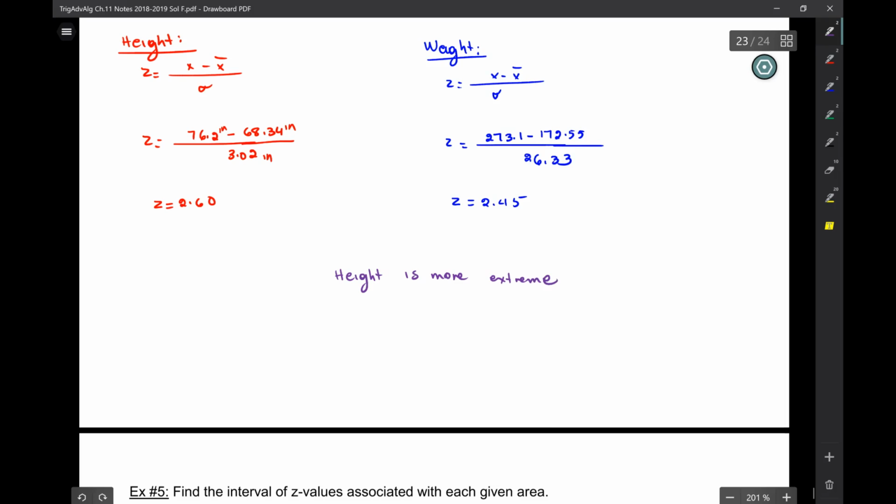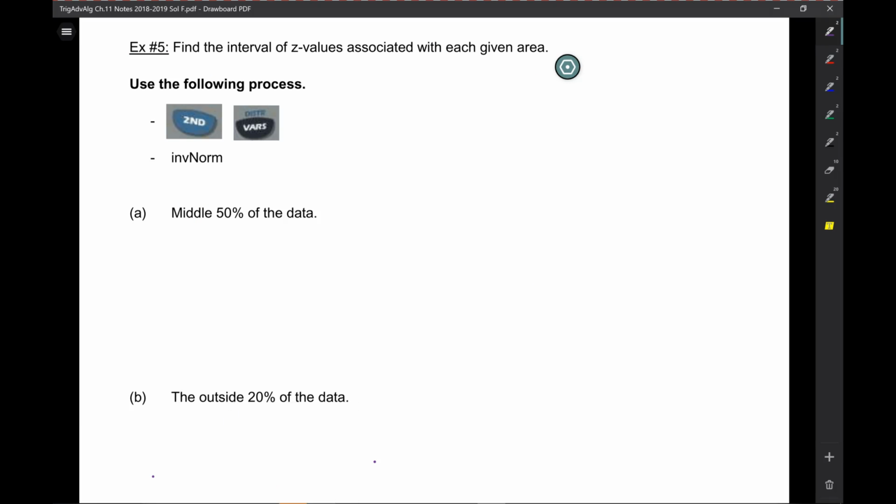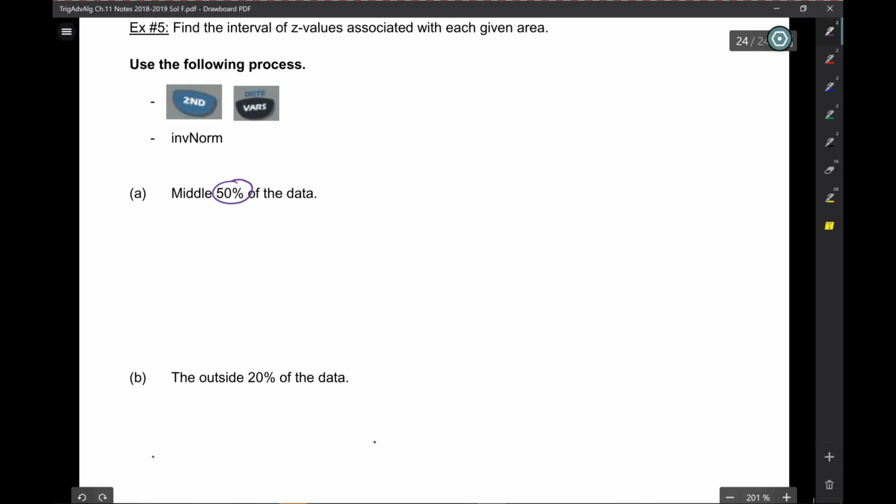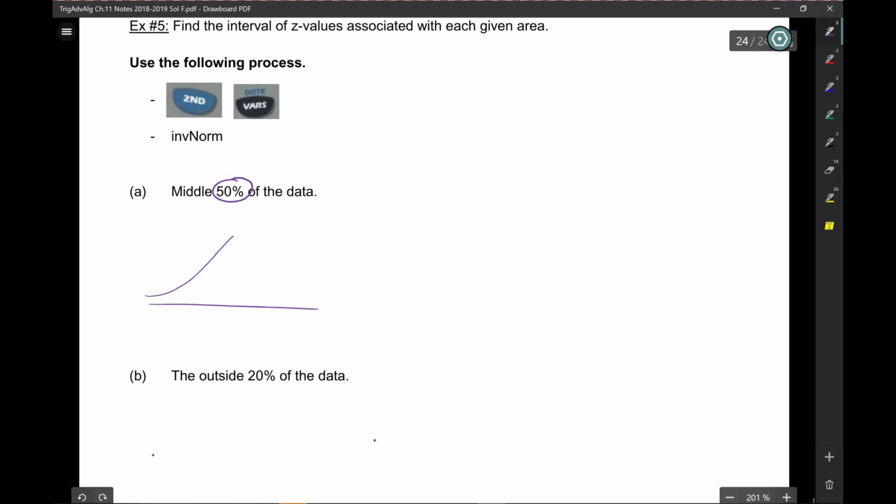All right, so to do this with the TI Inspire, what it wants is the interval of z values for the middle 50% of the data. Let's just draw that for a minute and let me show you what we're looking at.